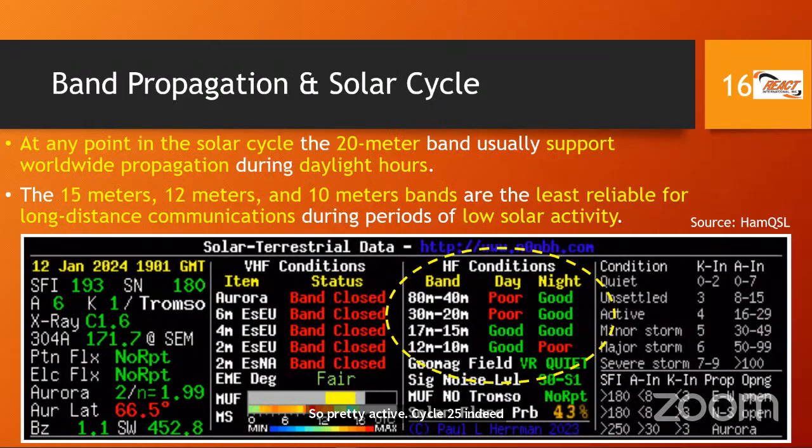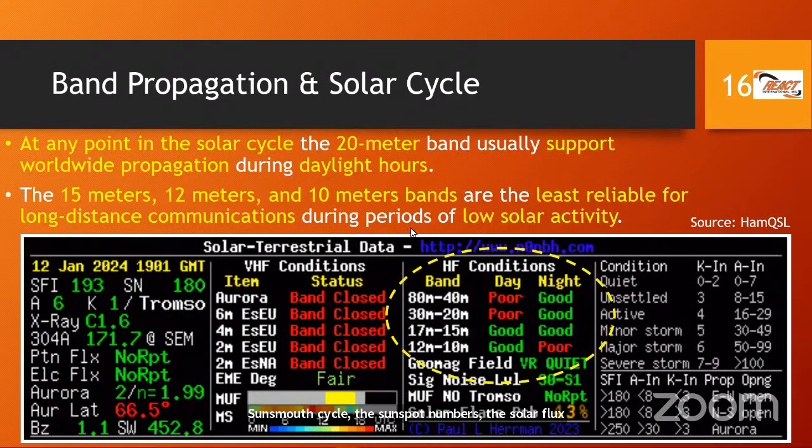Right, so we also utilize those numbers as a predictor of propagation. We want our radio frequency to go through the sky to the ionosphere and bounce back, and that propagation, the movement of our radio signals that leave our antenna on the HF part of the spectrum, can be predicted based on elements such as where we are in the sunspot cycle, the sunspot numbers, and the solar flux index.